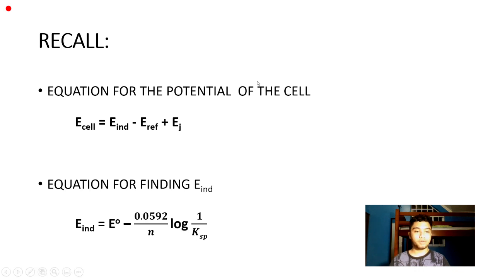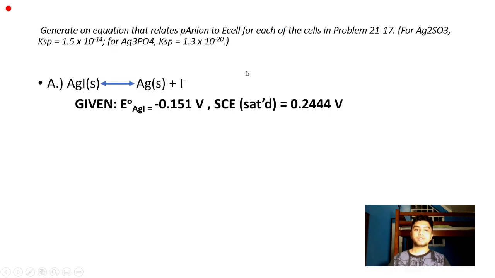So let us move on to part A. For the I negative, which is the anion, we transform this to the equation given here: AgI solid becomes Ag solid plus I negative.